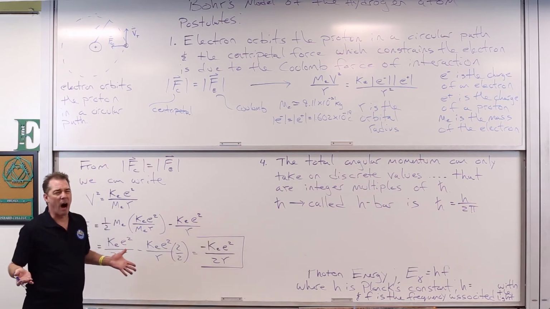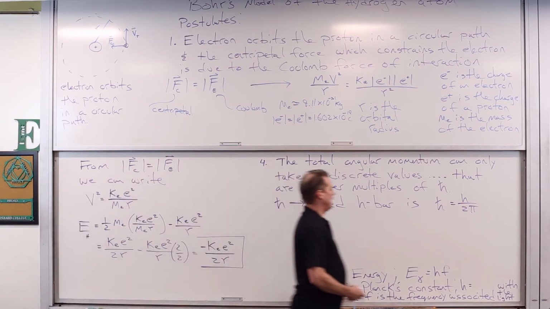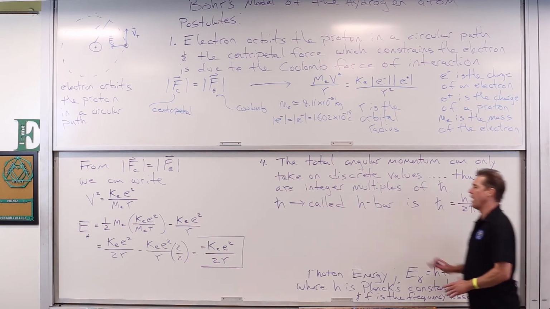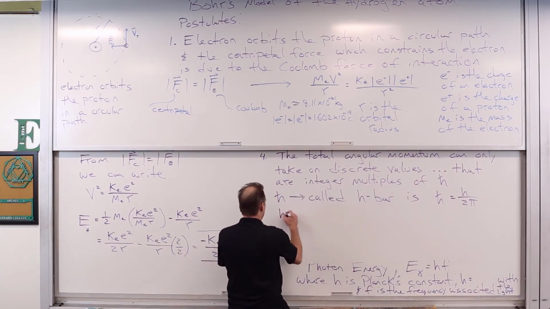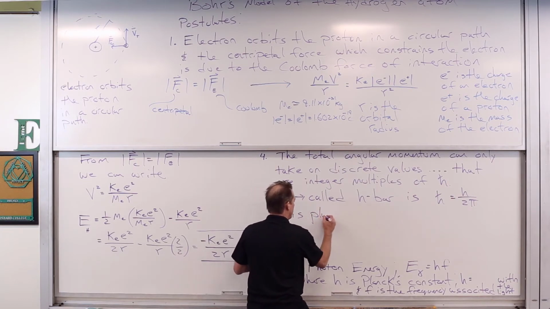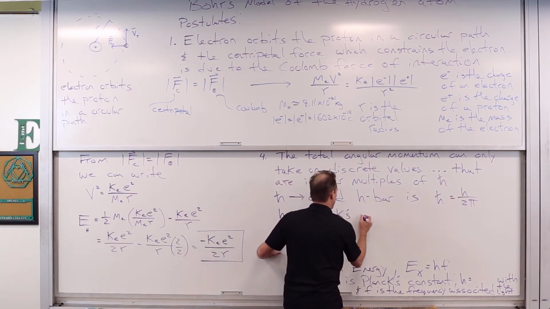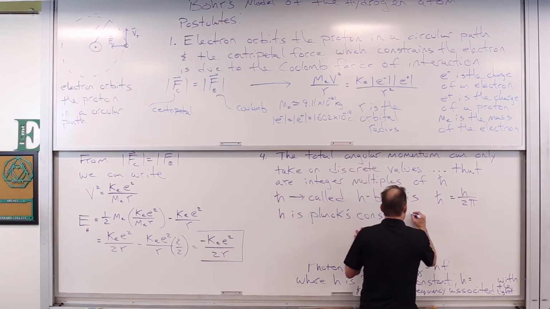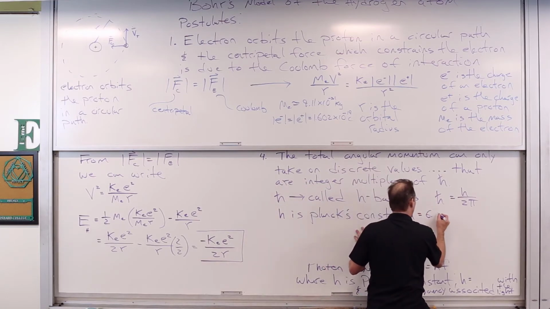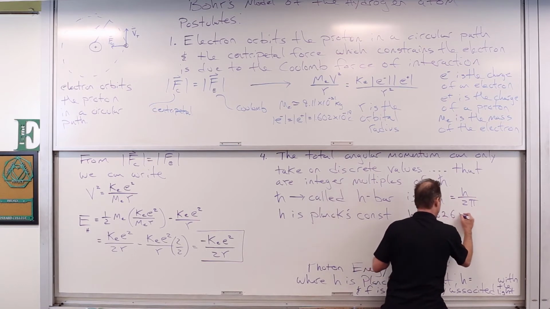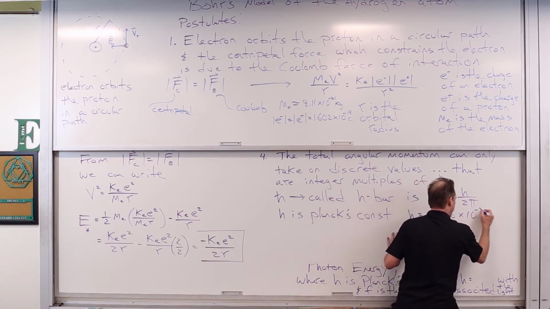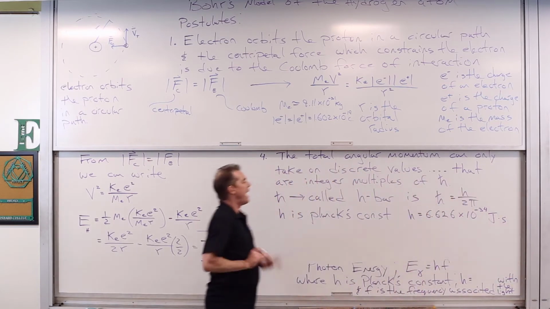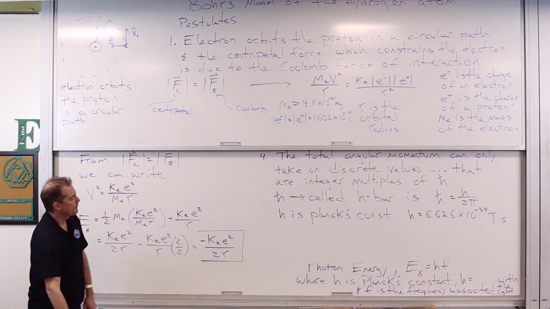It comes up so often that they just say, hey, there's a factor of H over 2 pi, we'll just call it H bar. H is Planck's constant. H is equal to 6.626 times 10 to the negative 34 joule seconds. That is Planck's constant. Came back.